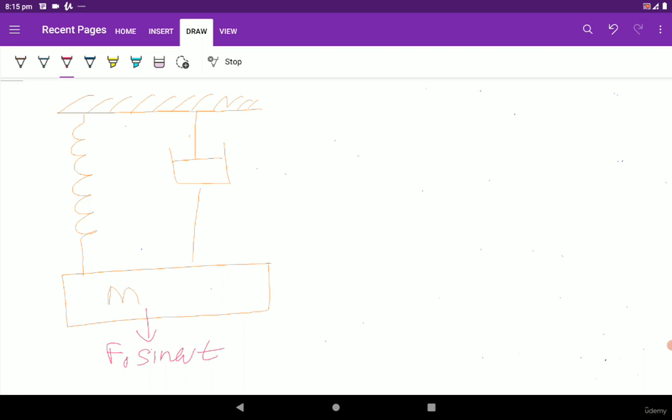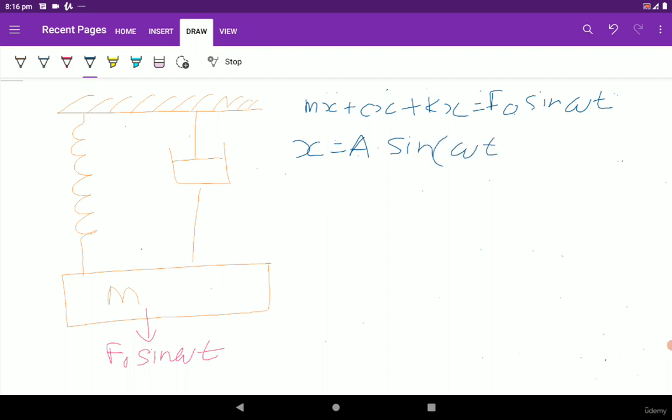So by the equation of motion, we know that m x double dot plus c x dot plus k x is equal to F naught sine omega t, and here x is equal to A dot sine omega t minus phi, which we have seen earlier.